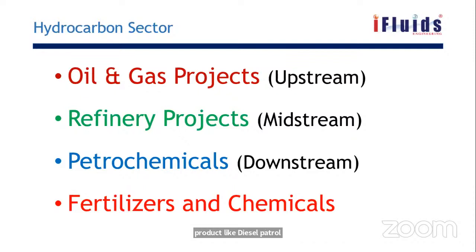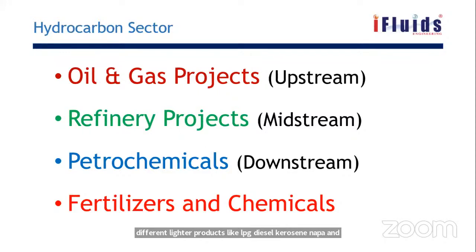So in the upstream, we'll be giving the feed to the refinery or the petrochemical units, where they convert the raw material to value-added products. In the refinery, we convert the crude oil to different lighter products like LPG, diesel, kerosene, naphtha, and then heavy oils.